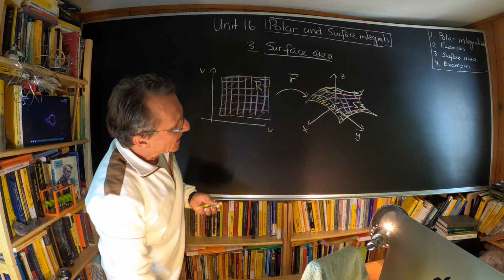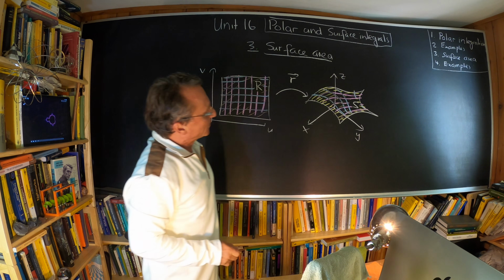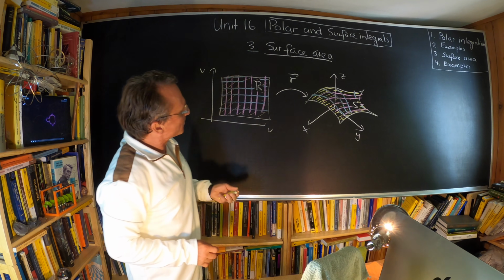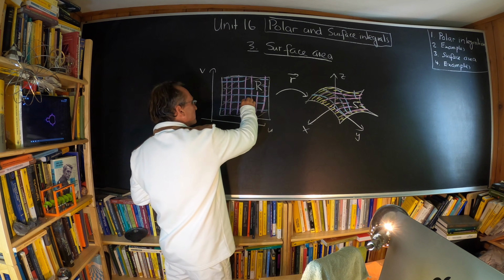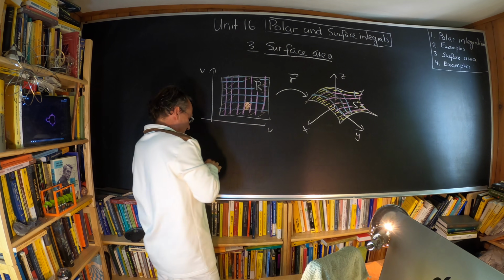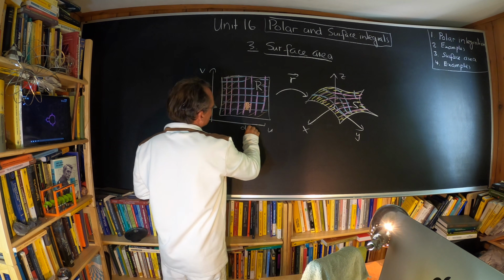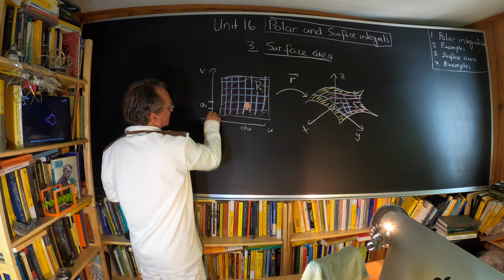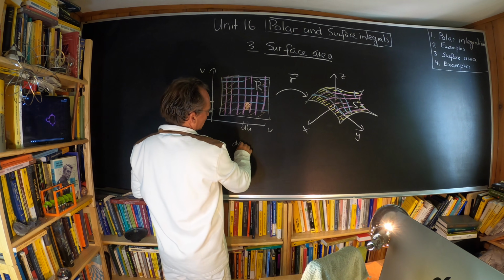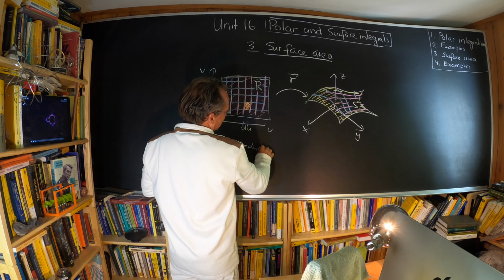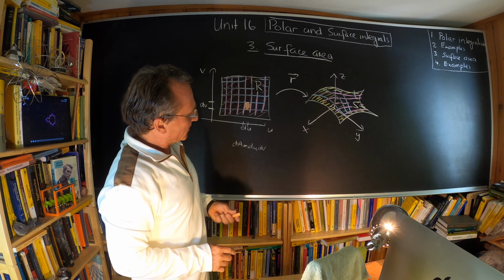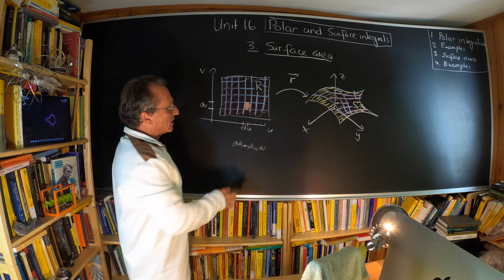Now in order to compute the surface area of this surface, we want to understand what happens with a little rectangle here. What happens here with this is du, and that's dv. Right? What happens with this area here? So dA is just du dv. What happens with this on the surface? So let me just make a bigger picture.